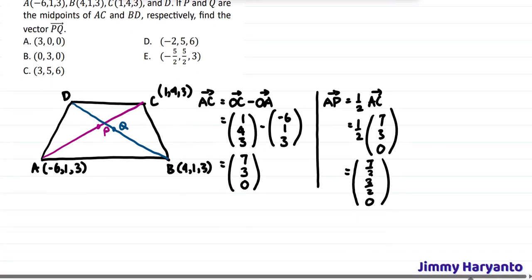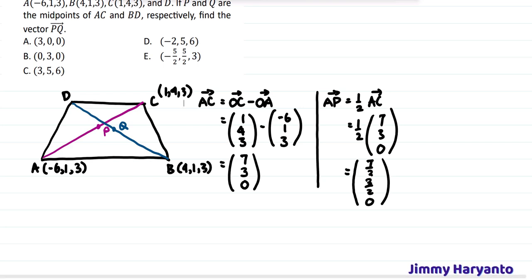Okay, in this question, I think we have to find the coordinate of D first. At first, I thought this question is very hard because it's in 3-dimensional space, but actually this one is in 2-dimensional space.